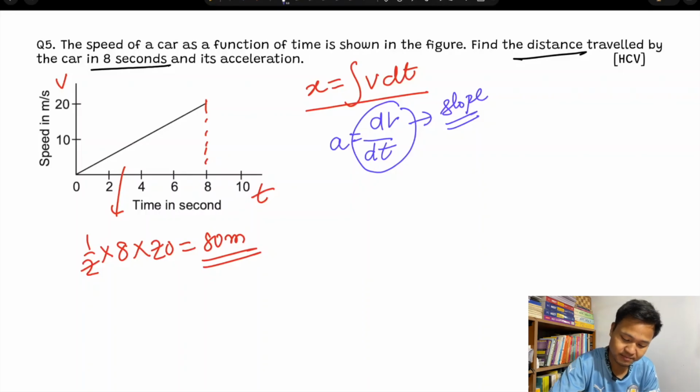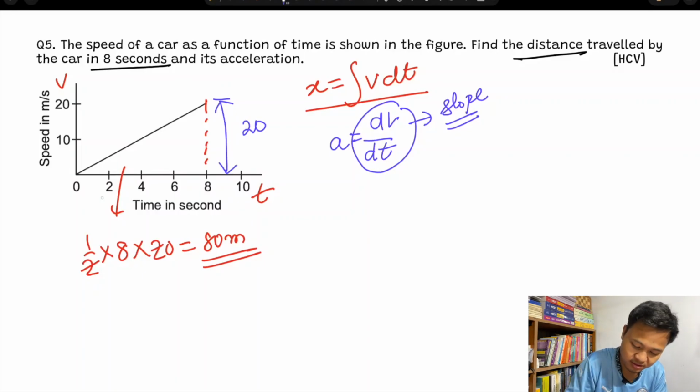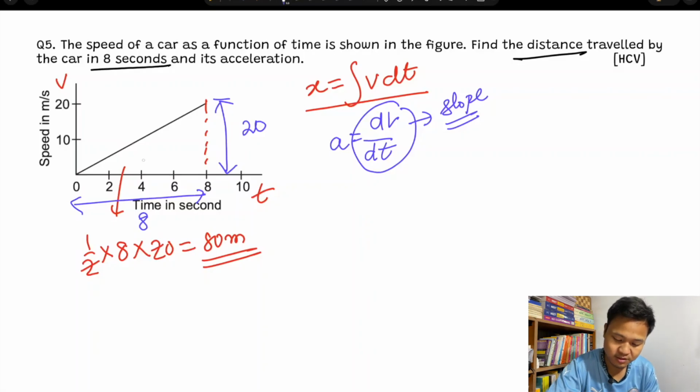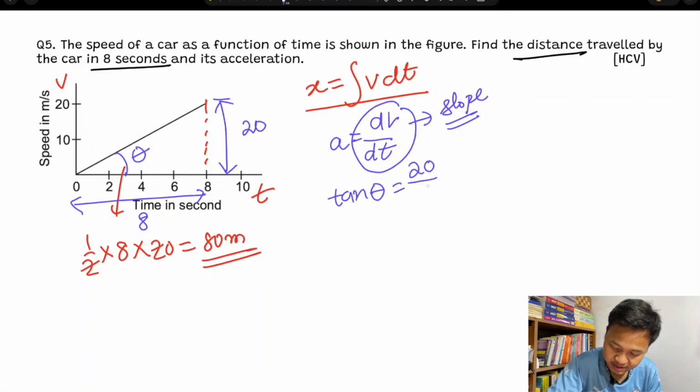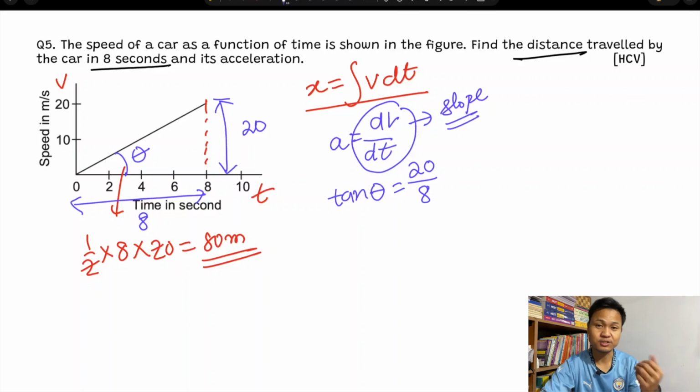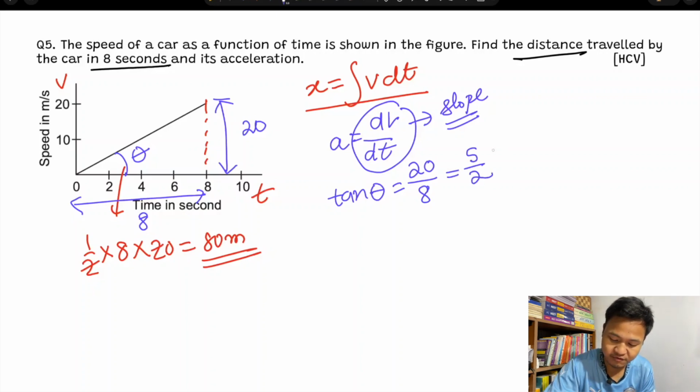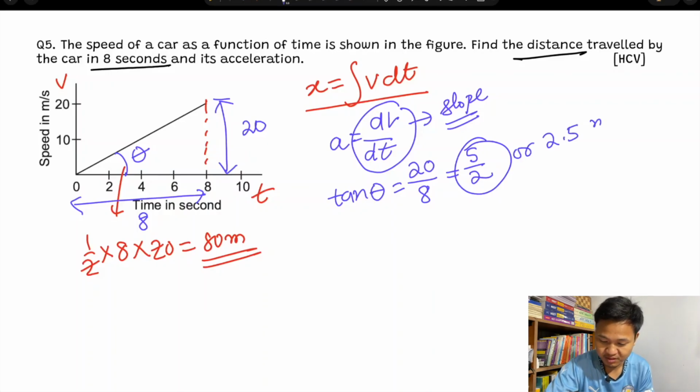Here this part is 20, and this is 8. If this is theta, what is tan theta? Tan theta is 20 divided by 8, and that is the slope. For 5 it is 20, for 2 it is 8. So 5 by 2, or 2.5 meter per second squared. So that is your acceleration.